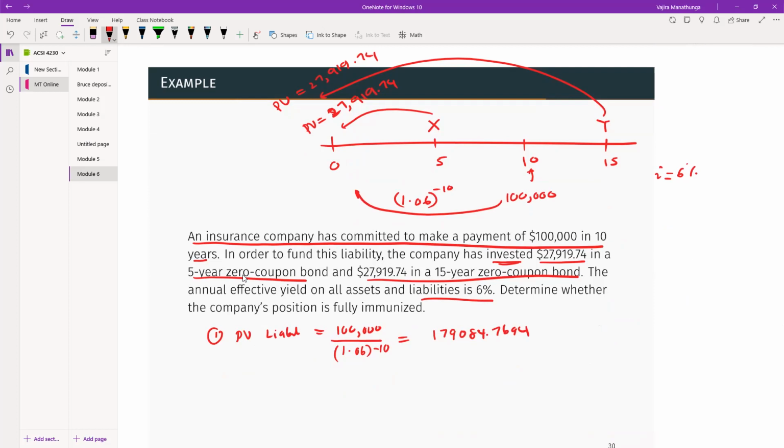So if I take the 27,919.74, so let's see, 100,000.